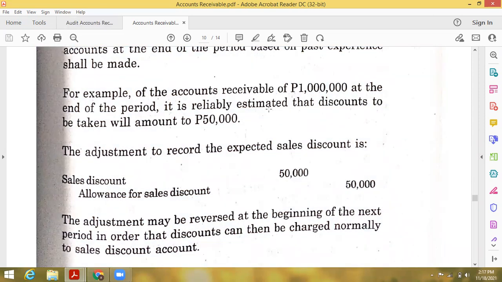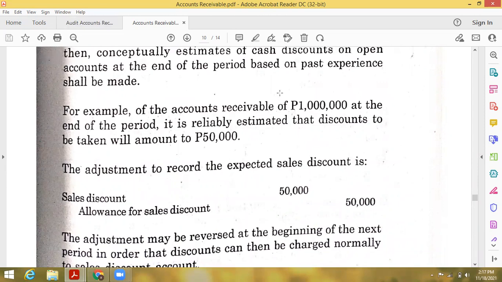Ginagawa natin ito, sir, bakit ba kailangan pa mag-estimate? Bakit hindi na lang natin hintayin na mag-avail ng discount? Kasi baka tapos na yung aklat. Kasi every year kasi, yung sa accounting, nagsasara tayo ng book. So at the end of the year, may nakita siya na 1 million na AR.